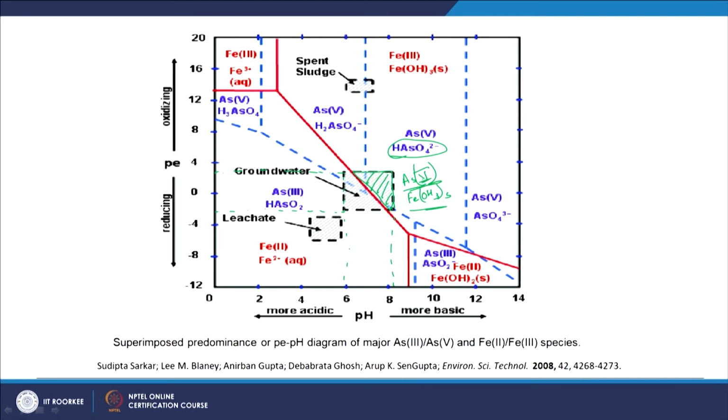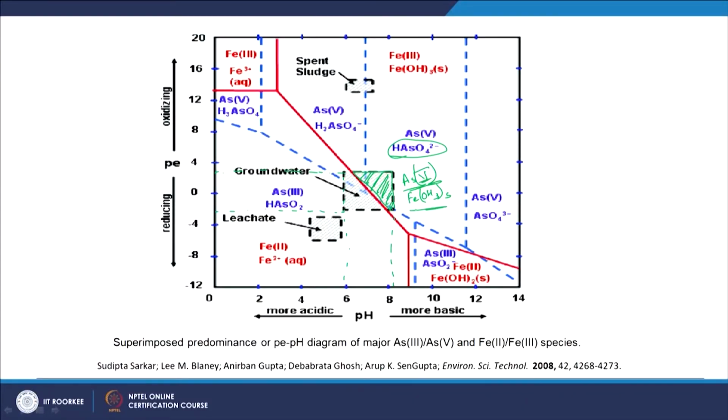So how does this affect the system? As the solid is formed, the Fe3+ precipitates at this particular range of pe and pH. It also allows for co-precipitation of this arsenic 5, makes sense hopefully.